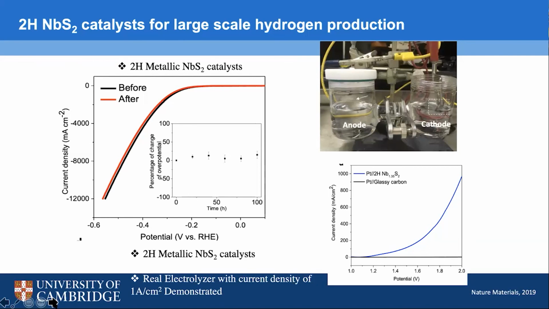Niobium is a good catalyst for HER, and we were able to make these niobium disulfide catalysts using our CVD process directly onto glassy carbon. And we fabricated these crude electrolyzers and demonstrated that we're able to achieve quite large current density values, hundreds of milliamps or even 1 amp per centimeter squared.